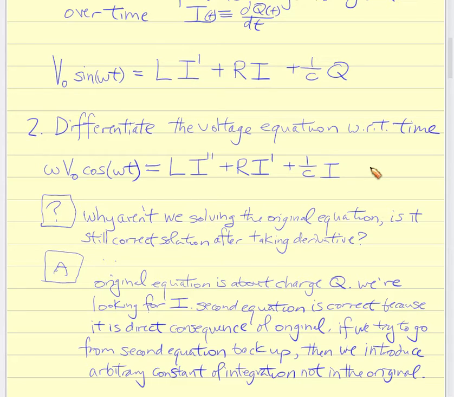The point of doing this is so that we can get rid of this q and look at something in terms of just the current. When we take the time derivative of both sides, using the chain rule, this omega frequency pops out, and sine turns into a cosine. On the left-hand side, it's fairly simple. The I prime turns into I double prime, I turns into I prime, and q turns into I, since I is defined as the time derivative of q.